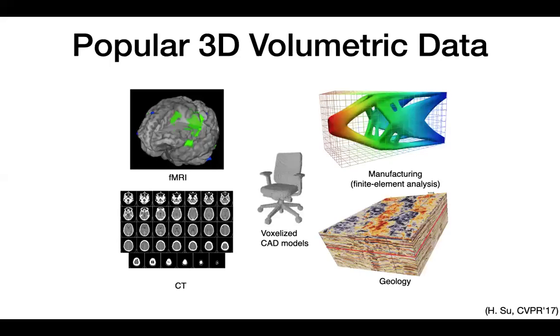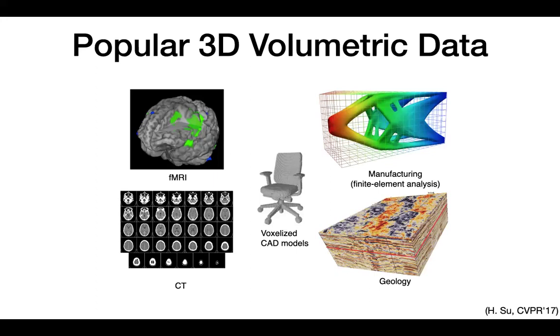Okay, so now we finished this first part that we discussed, the intermediate representation between image and 3D. And now we are going to full 3D, that's the volumetric data. And notice that volumetric data is very important in applications because it comes from many different areas.